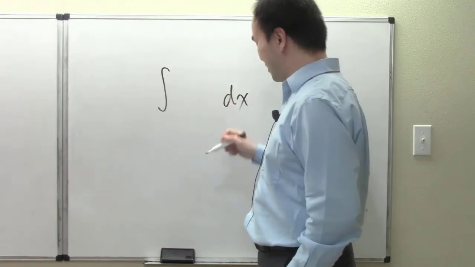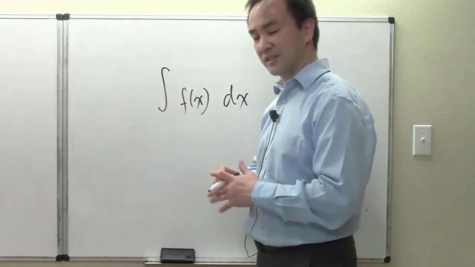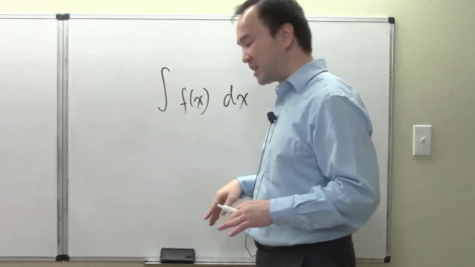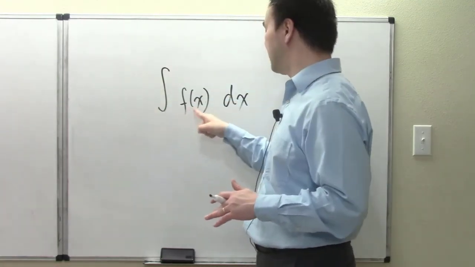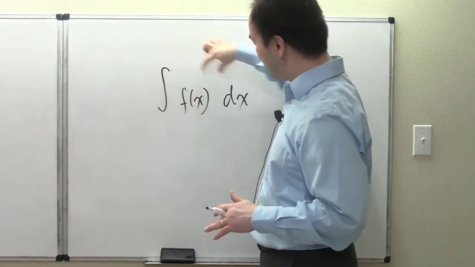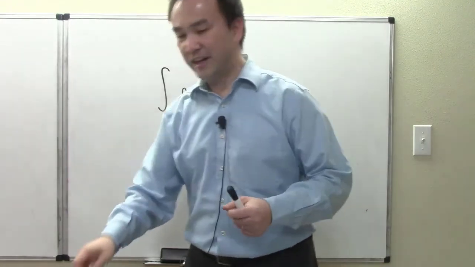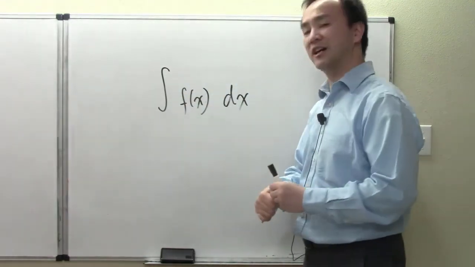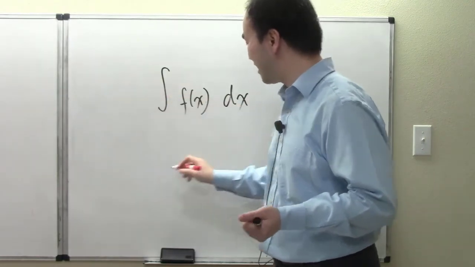So this symbol now, with a function here. Throughout the whole lecture so far, I've been referring to this as an antiderivative of the function f of x. And that symbol here is one symbol. But now, starting at this point, I introduce for you that this symbol has another meaning.